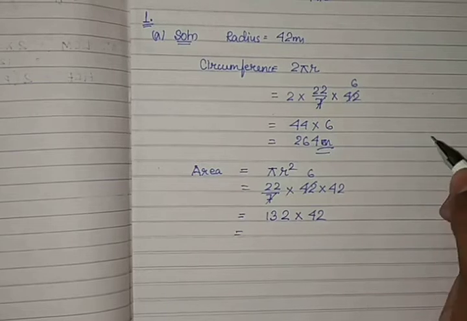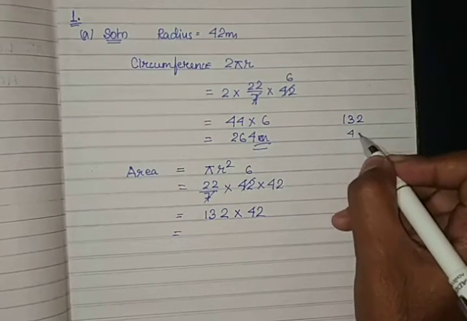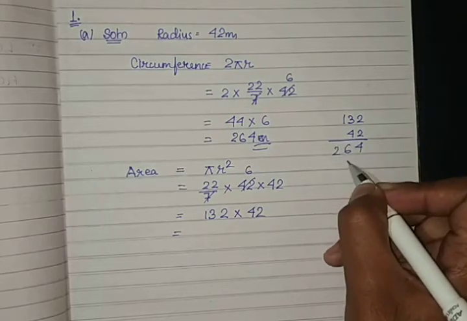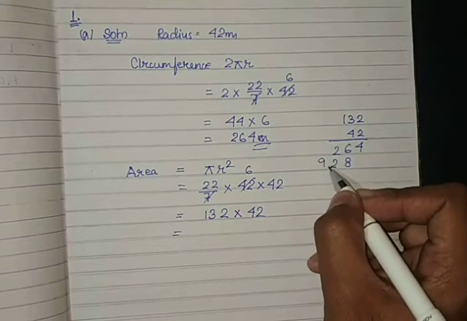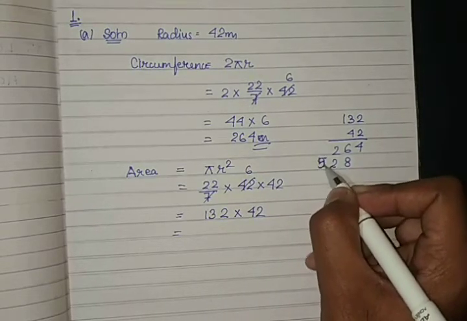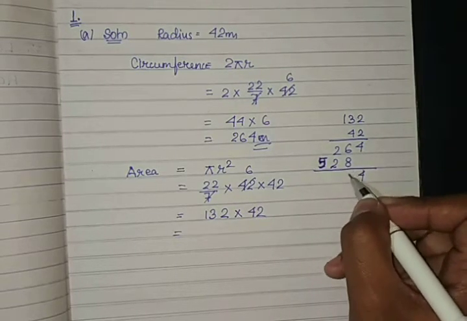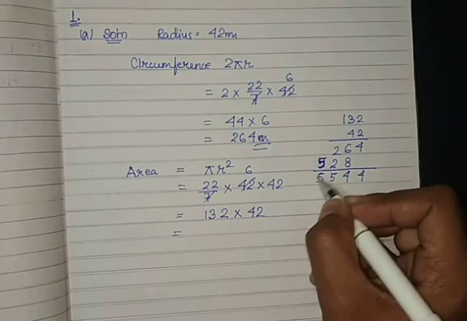Now when they are multiplied, 132 multiplied by 42: 2 2s are 4, 2 3s are 6, 2 1s are 2, 4 2s are 8, 4 3s are 12, 2 in hand, 4 1s are 4 plus 1, 5. Multiplying 4, 8 plus 6, 14, 4, 1 in hand, 5, and here it will be 5.